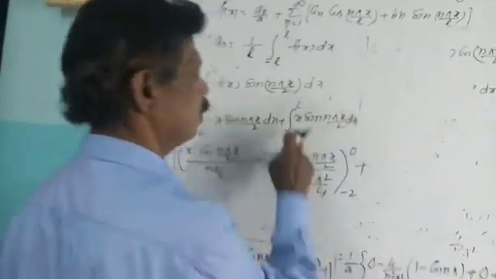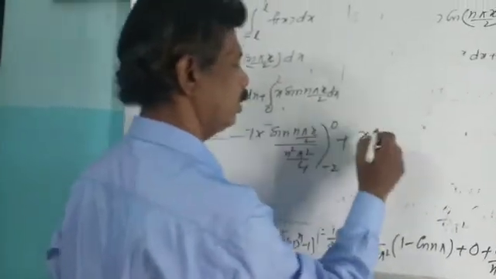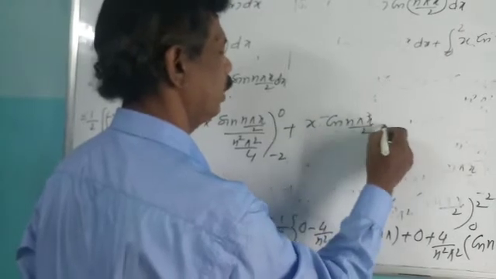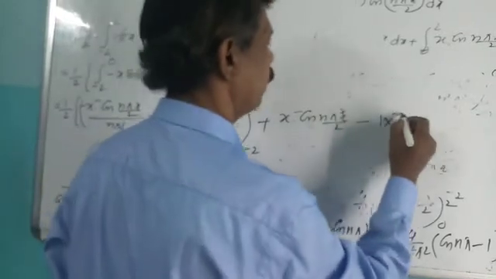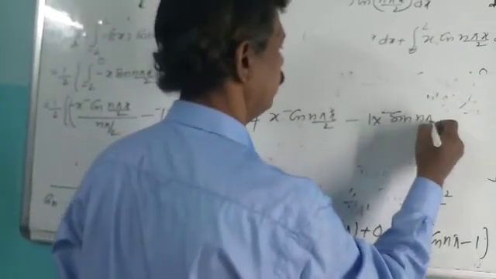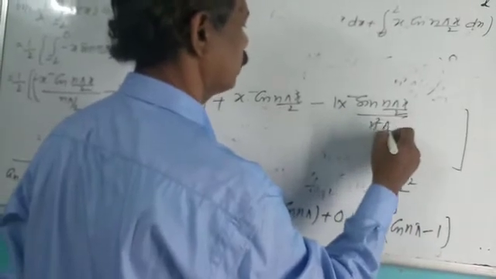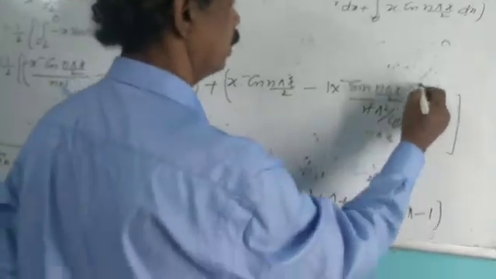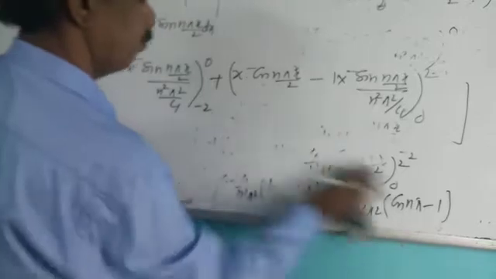Then here also we have to apply the same formula. That is, first function x into integral of sin n pi x by 2, which is minus cos n pi x by 2, minus derivative of x, which is 1, and integral of this, minus sin n pi x by 2 divided by n pi by 2. That means n square pi square by 4, limit 0 to 2. Okay, apply upper limit and lower limit. Before applying this limit, we can arrange this term.